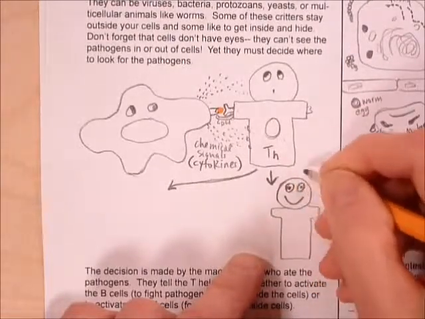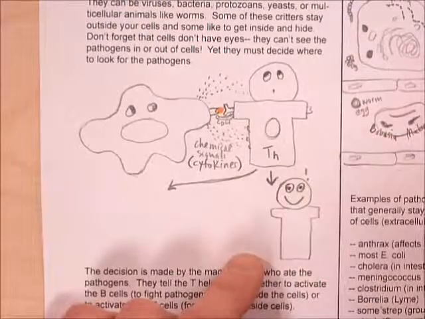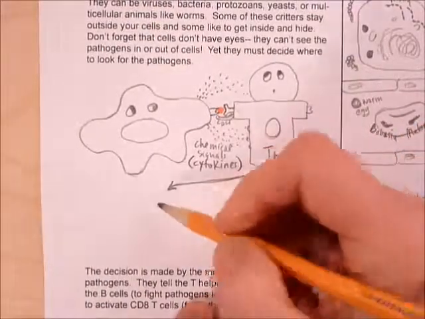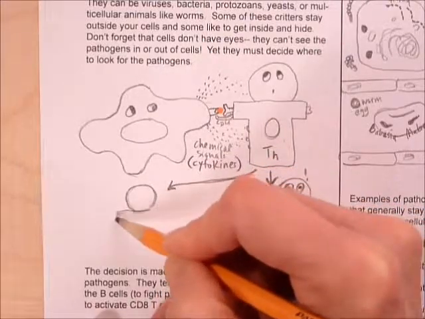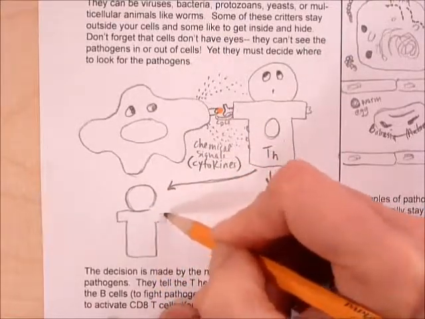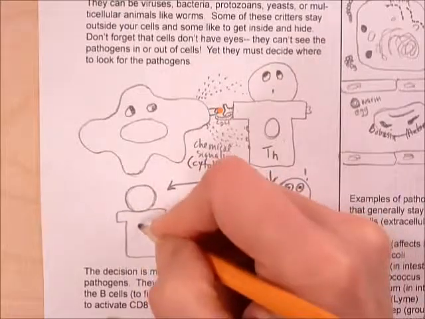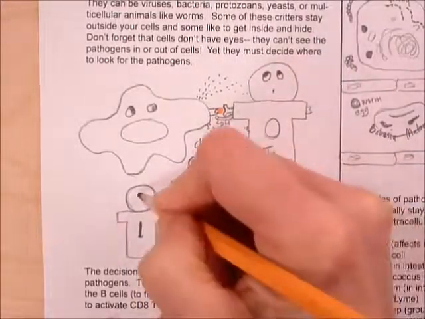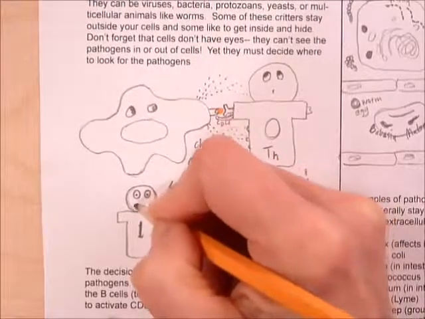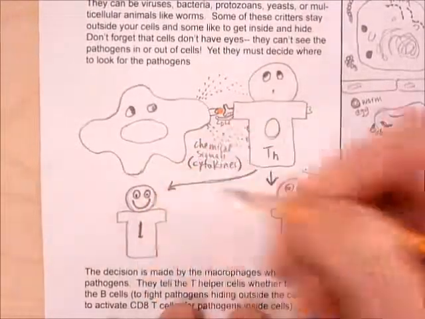He knows he's got a job now. Yay! I'm not naive anymore. He's no longer naive. He knows he's needed. And he can be number 1. We're going to put a 1 on his shirt and a 2 on his shirt. Nice big smile. I'm needed.